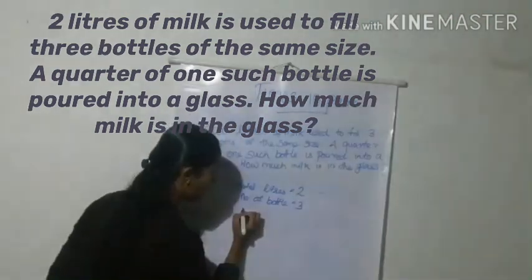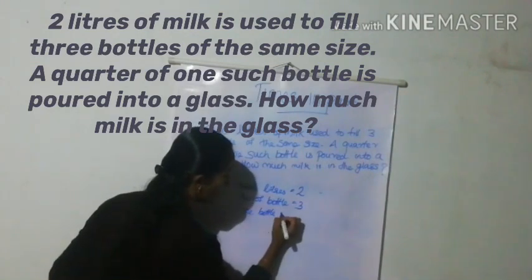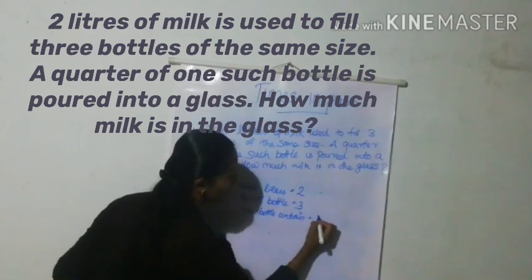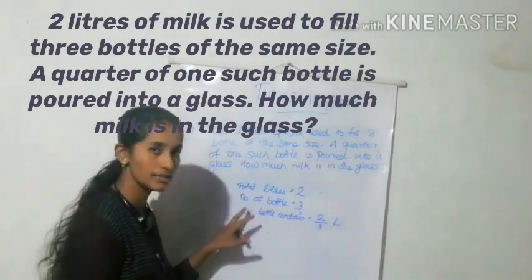So one bottle contains 2/3 liters of milk. Is it okay?